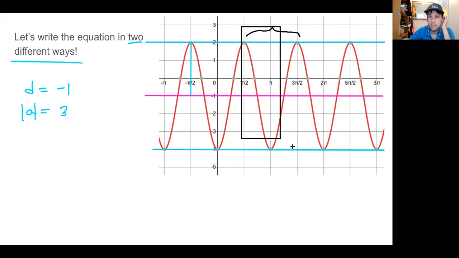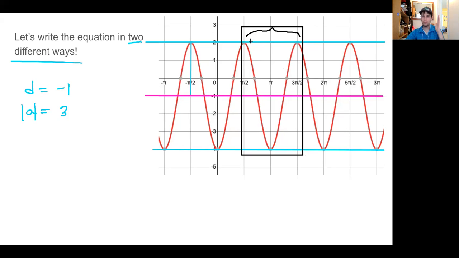So here is the cycle that I am examining right there. Starts at peak, midline, minimum, midline, peak. From there, we should be able to take everything and write our equation. Our maximum value here is at pi over 2, and our other maximum is at 3 pi over 2.